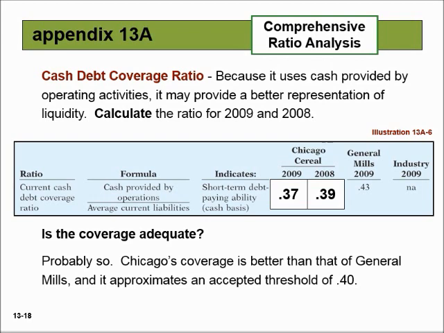And so cash from operations, that's going to be used to pay those bills. So we take our cash provided by operations divided by our average current liabilities, and we see that Chicago Cereal has about a 3.8 or so cash debt coverage ratio.